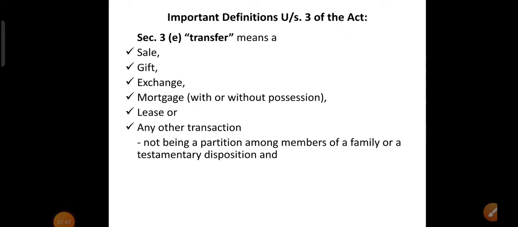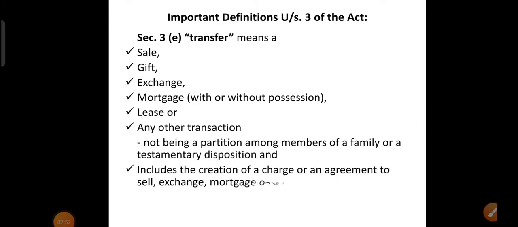That is not considered to be a transfer. Any other transactions include the creation of a charge on that particular granted land, or an agreement to sell. They have not sold it, but an agreement to sell, exchange, mortgage or lease, or entering into any other transaction will be considered to be a transfer. So that is prohibited.